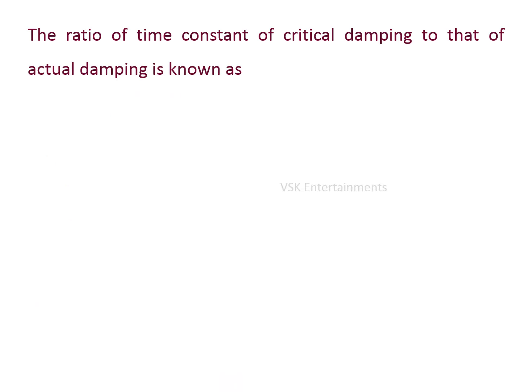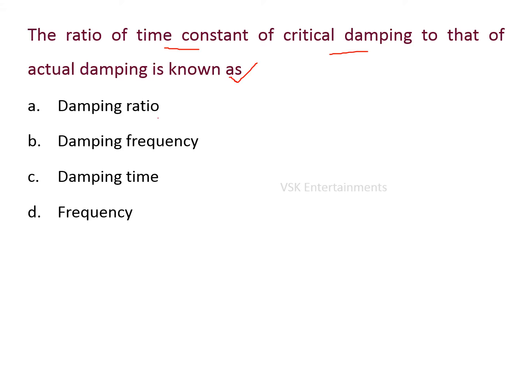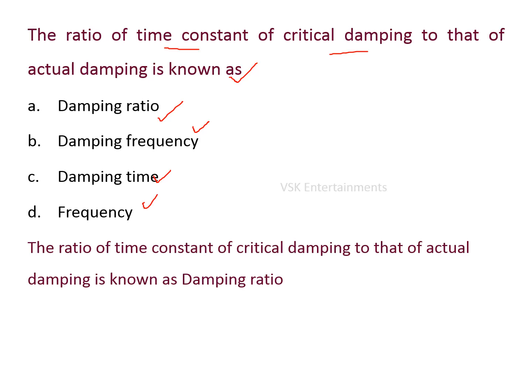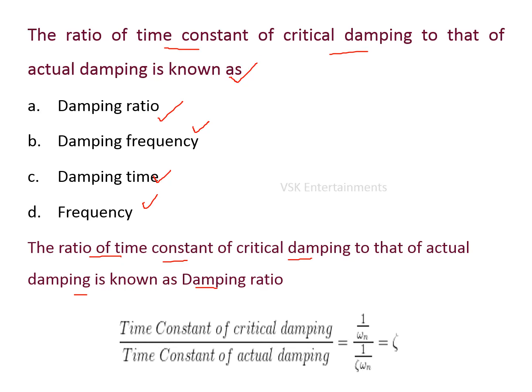Coming to next one, the ratio of the time constant of a critical damping to that of actual damping is known as, options are damping ratio, damping frequency, damping time, frequency. Coming to concept of damping factor or damping ratio, that is defined as the ratio of time constant of critical damping to the actual damping is known as damping ratio. That is given as this one.